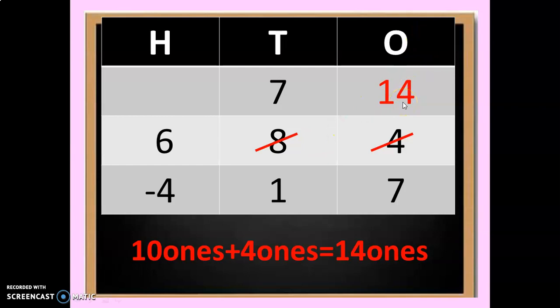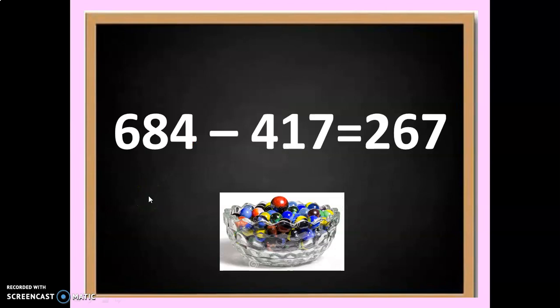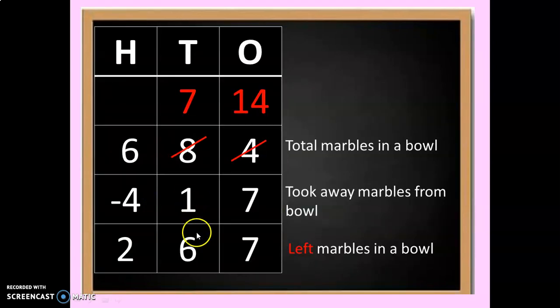Okay, fine. So therefore 14 minus 7 equal to 7 ones. Now subtract the tens. 7 minus 1 equal to 6 tens, and in hundreds 6 minus 4 equal to 2 hundreds.